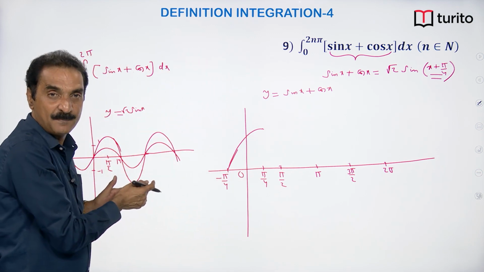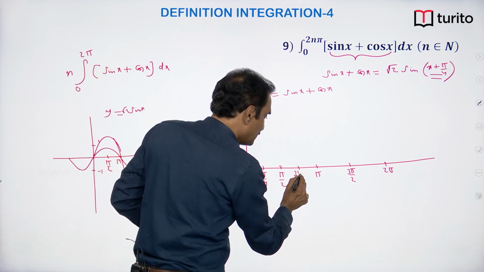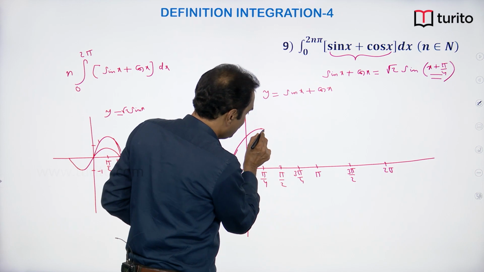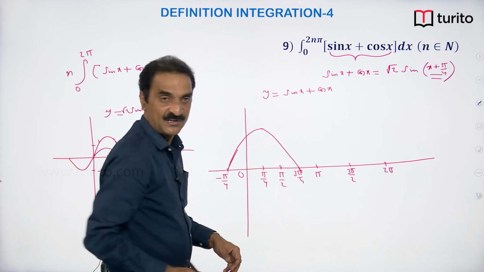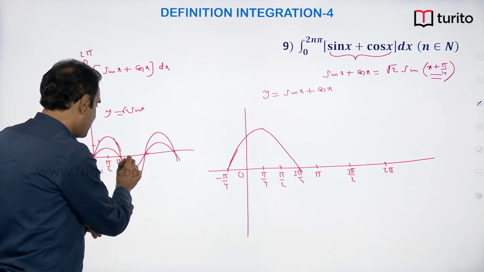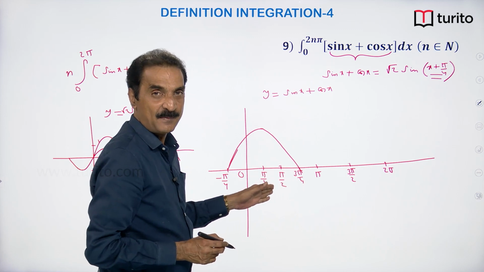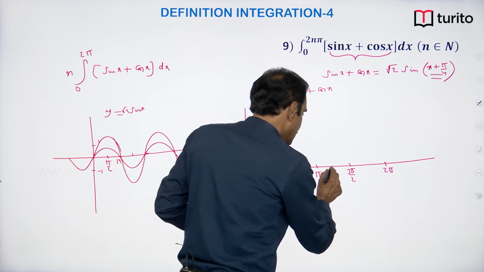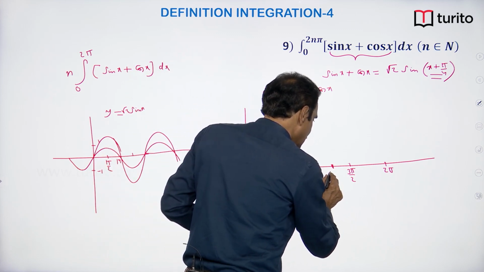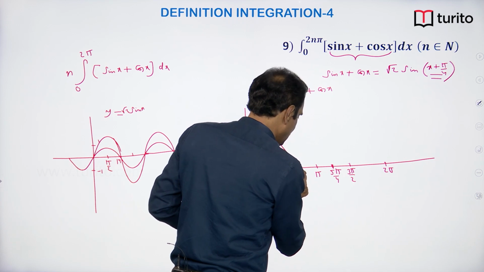If you shift it by pi by 4 units, pi minus pi by 4, 3 pi by 4, it intersects here. Again this minimum point is what? 3 pi by 2. Now 3 pi by 2 minus pi by 4 will be here. 3 pi by 2 minus pi by 4 will be 5 pi by 4. So minimum value occurs there.